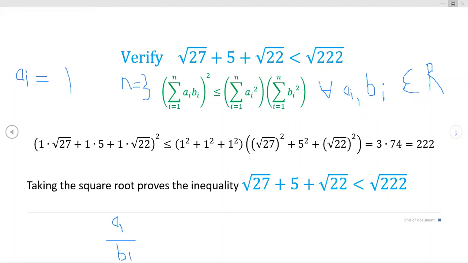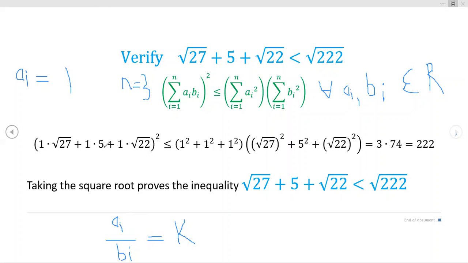That's supposed to read the quotient of a sub i and b sub i. If that's equal to the same constant all the way through, then equality would prevail, all right? But that's not the case here because this is kind of trivial, but you would just have root 27 equals 5, which it doesn't.